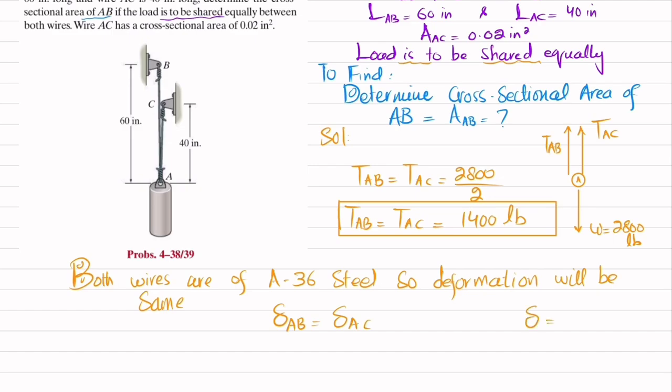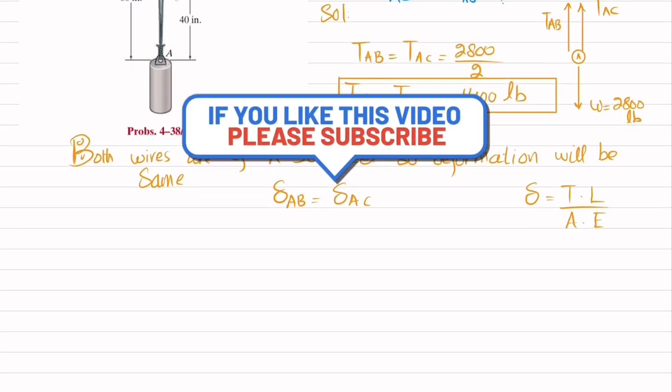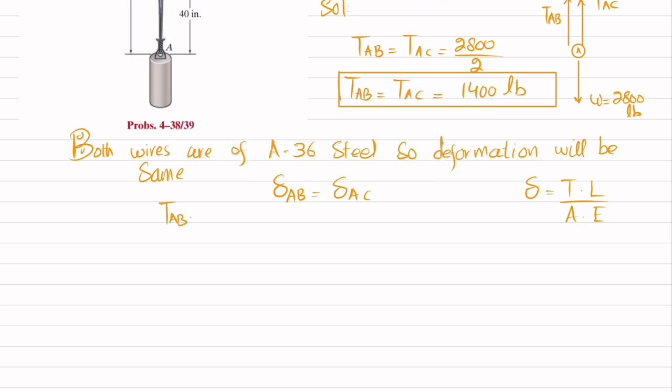And we know that deformation is equal to load into length divided by cross-sectional area into E. So this will be TAB into length AB divided by cross-sectional area of AB into E, equal to TAC into length AC divided by cross-sectional area of AC into E.